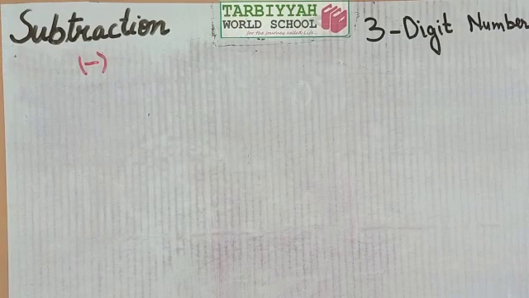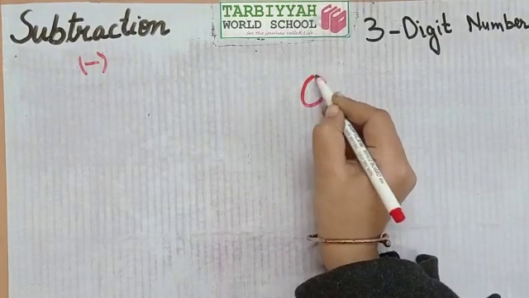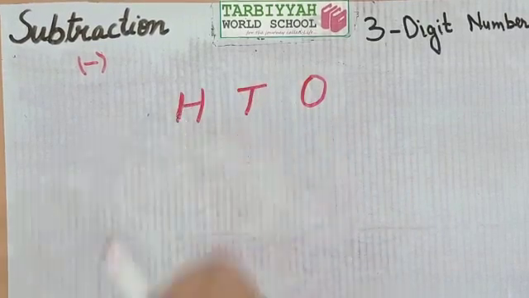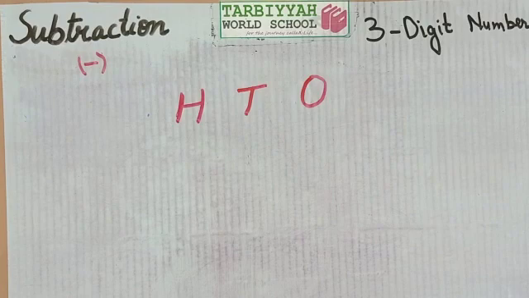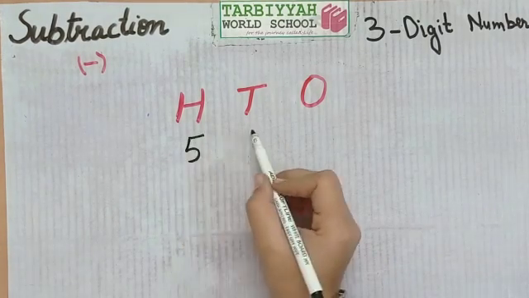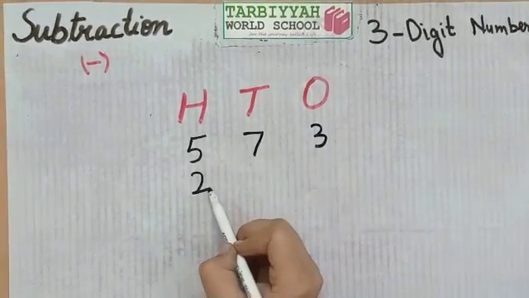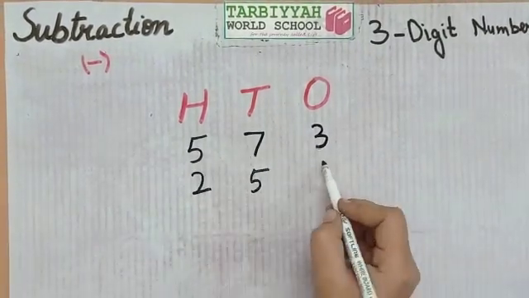Now see the example. First we have to write the places: ones, tens, hundreds. Okay. Now we have to write the number 573, 256.